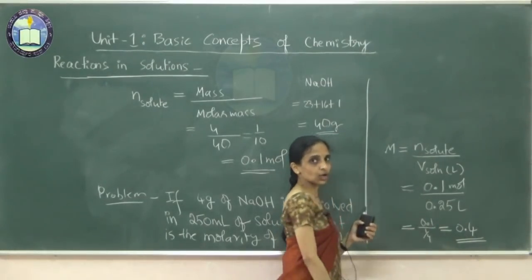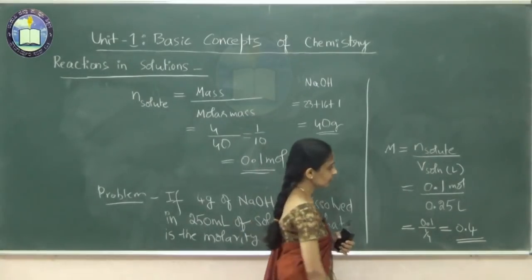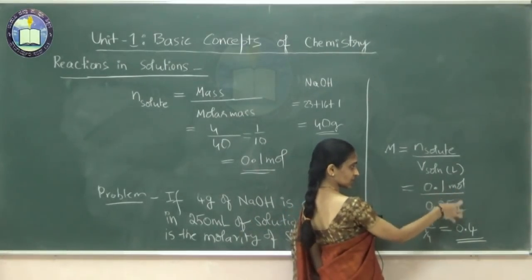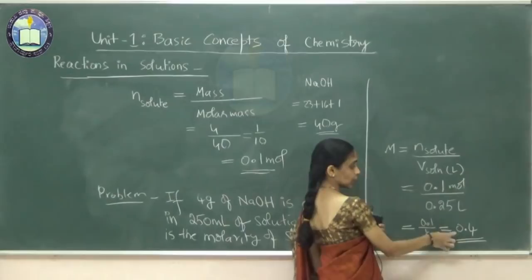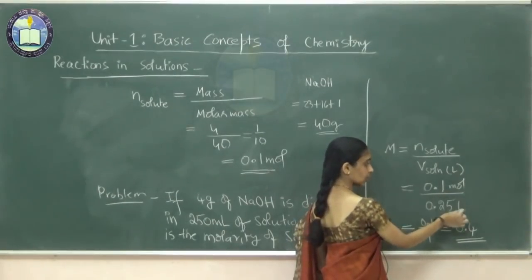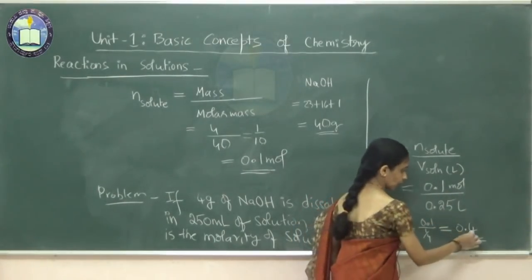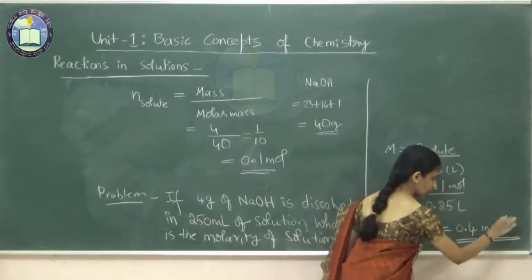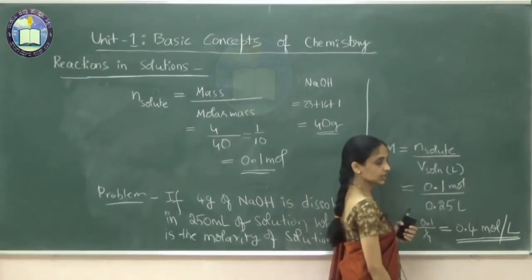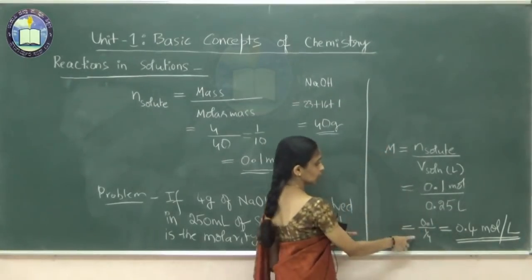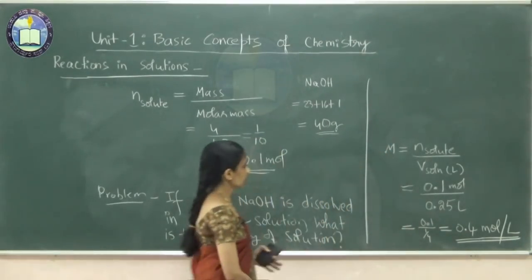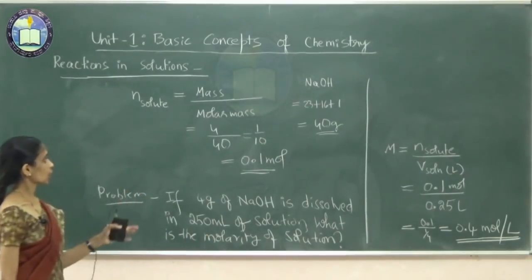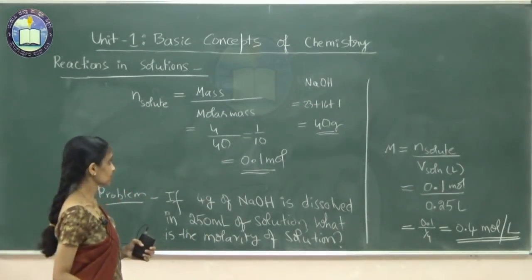What is the unit of molarity? It is very clear from the substitution step that the unit is mole per liter. So 0.4 mole per liter. This is the unit of molarity. This is how you can solve the molarity problems.